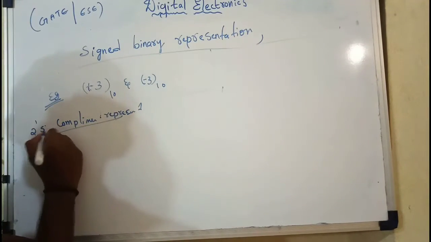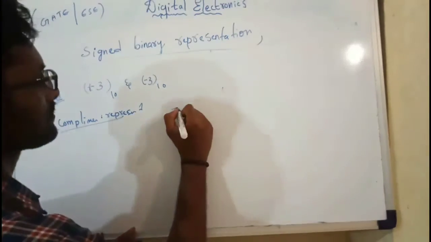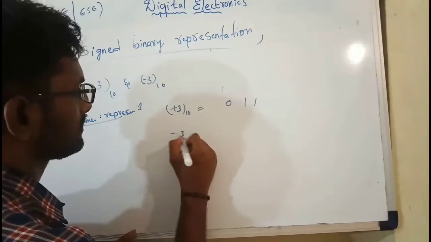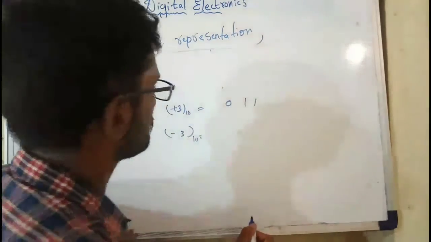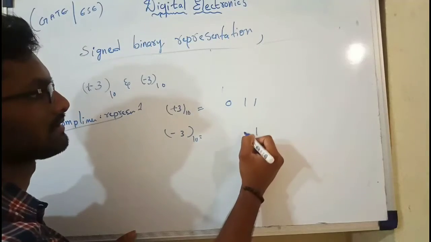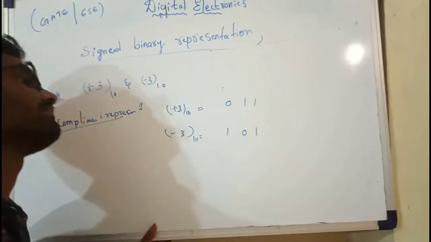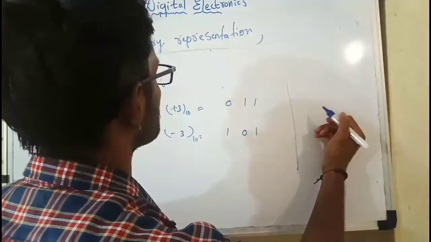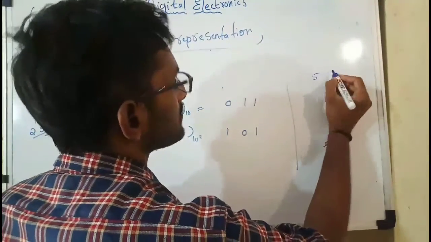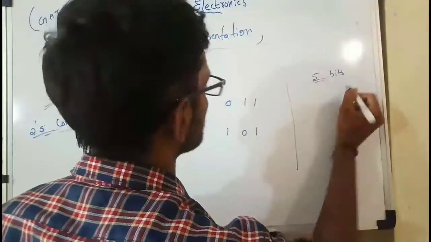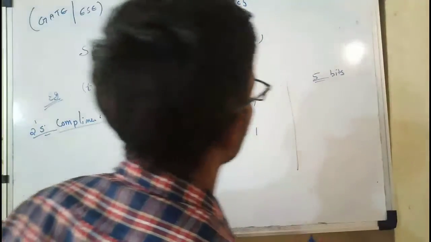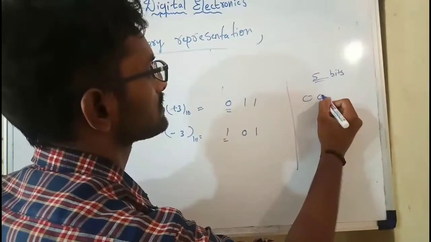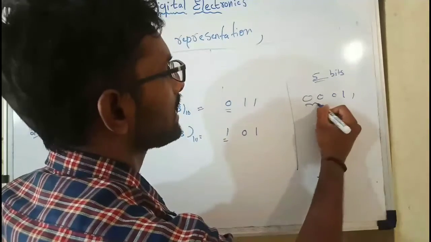Now we will see the 2's complement representation. For +3 in base 10, the value is 0, 1, 1. For -3 in base 10, the 2's complement representation is 1, 0, 1. For +3, I want a 5-bit representation. Here there are 3 bits, so for the remaining 2 bits I add the sign bits, 0, 0. These are the added bits.